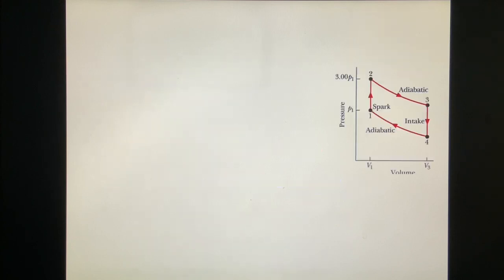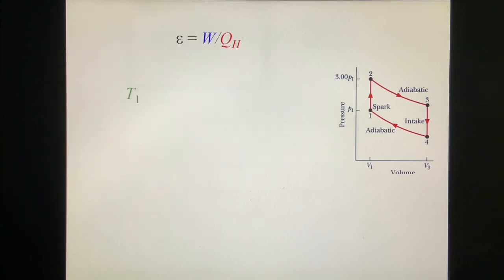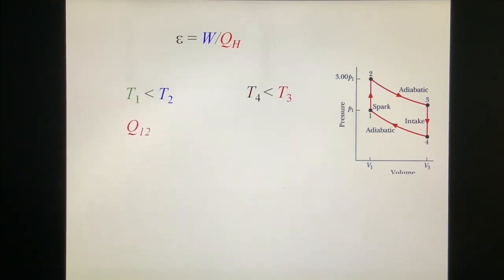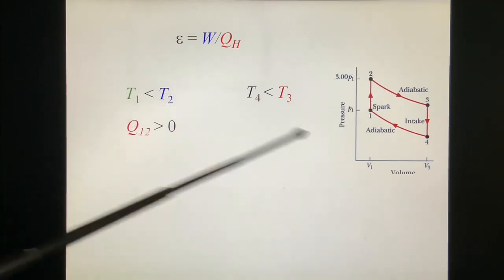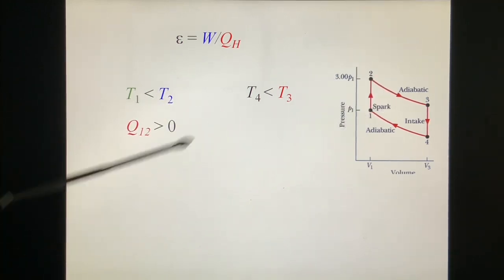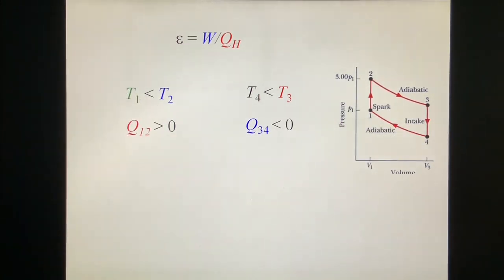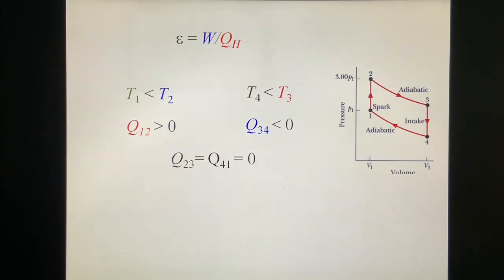Now we do another one. We use this definition, epsilon equals W over Q high. We know T1 is smaller than T2, so Q12 is larger than 0 because the temperature increases and you have heat coming in. And here the temperature decreases, so heat goes out, as before. And these two are equal to 0.